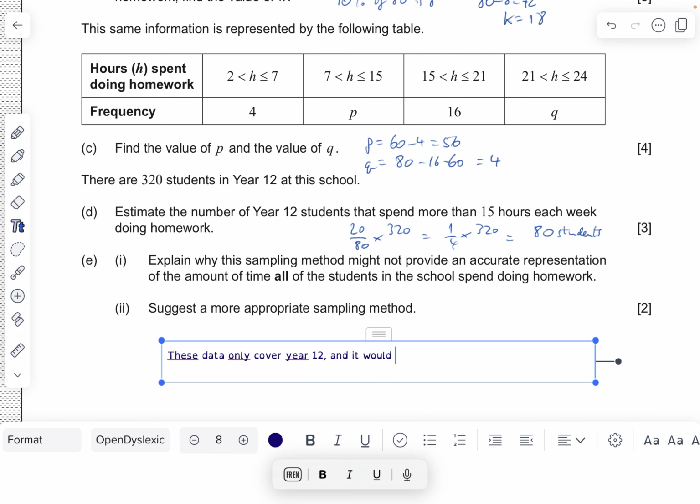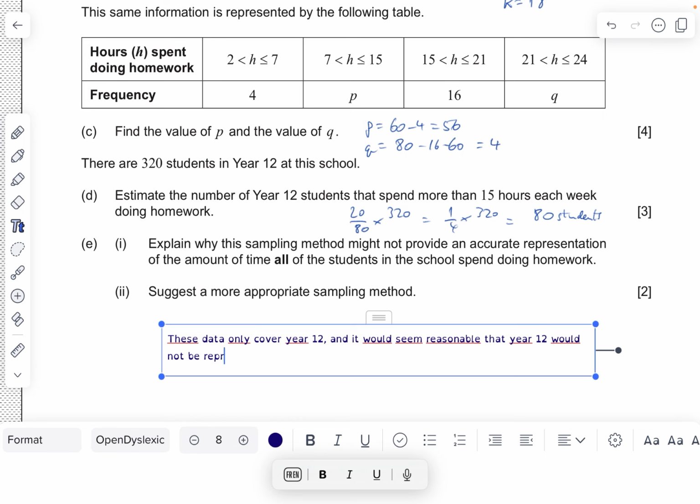And it would seem reasonable that year 12 would not be representative of the time spent doing homework across all year groups.